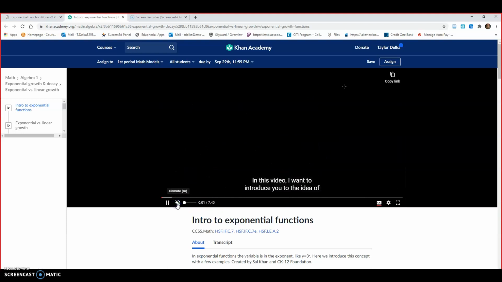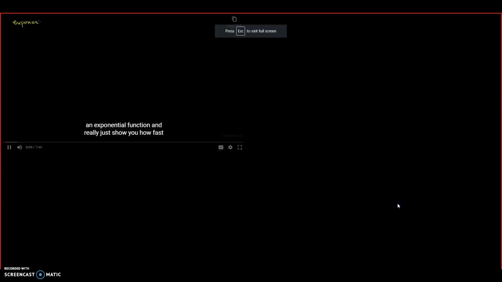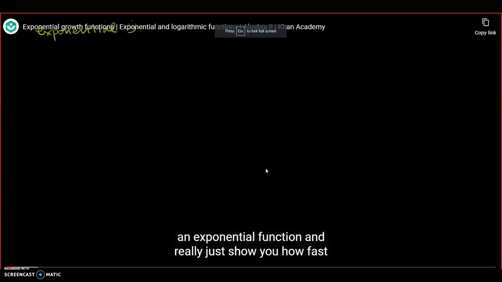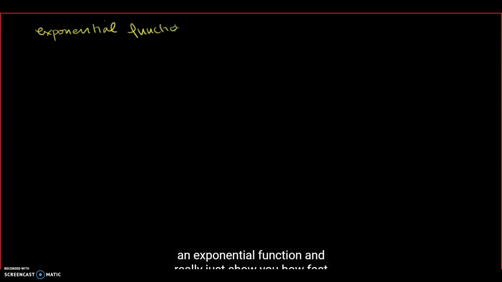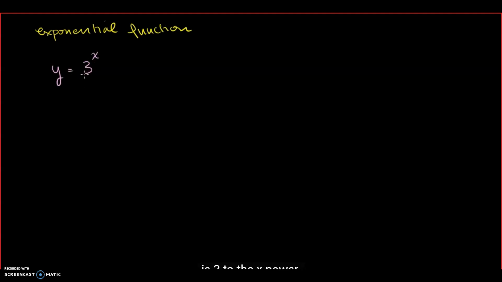Turn that on. The idea of an exponential function, and really just show you how fast these things can grow. So let's just write an example exponential function here. So let's say we have y is equal to 3 to the x power. Notice this isn't x to the third power, this is 3 to the x power. Our independent variable x is the actual exponent.